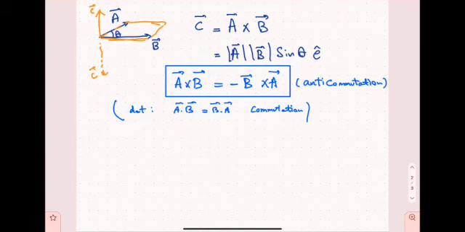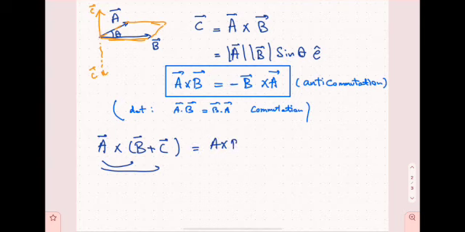Similar to the previous case, the cross product also obeys the rules of distribution. For example, if we have A cross (B plus C), we can distribute the cross product and get A cross B plus A cross C. So the cross product is also distributive. Another thing, it's also associative with scalars.